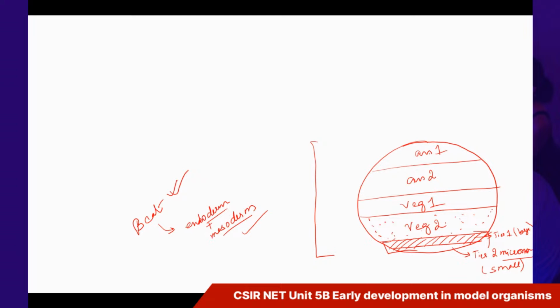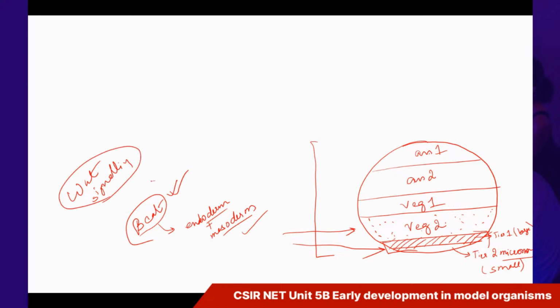But how was beta-catenin present in these two layers of cells? It was present because of the WNT signaling, which was there only in these cells. But now the question is saying that in the entire embryo GSK is blocked.